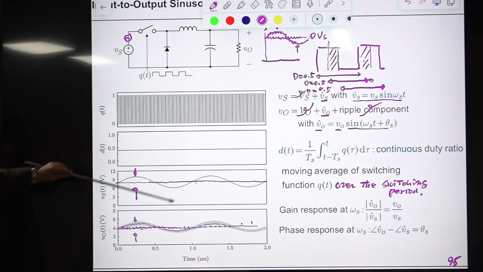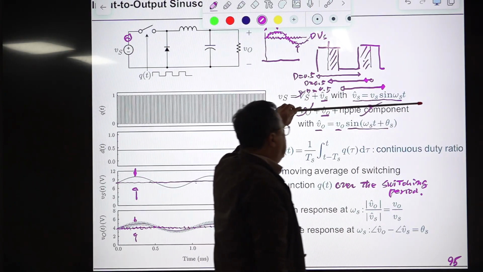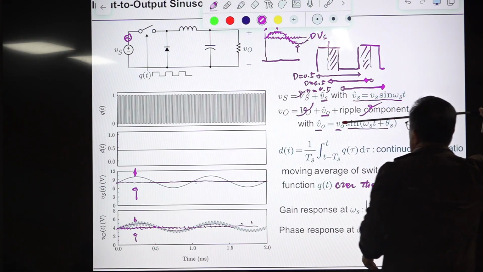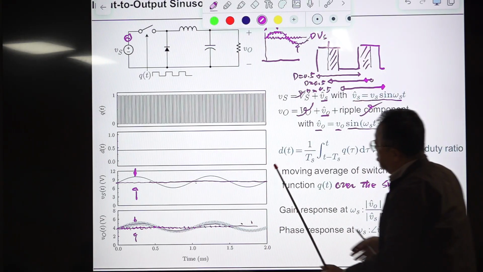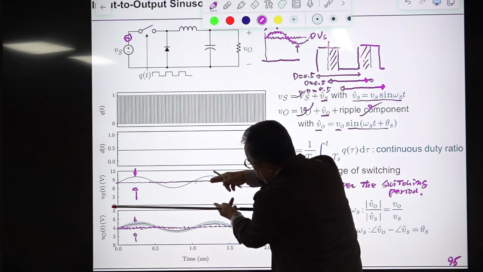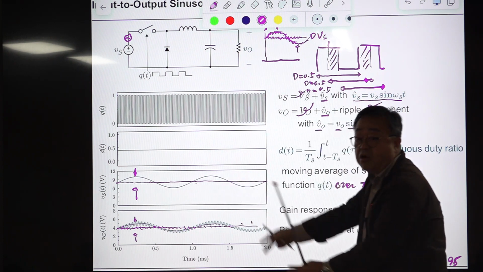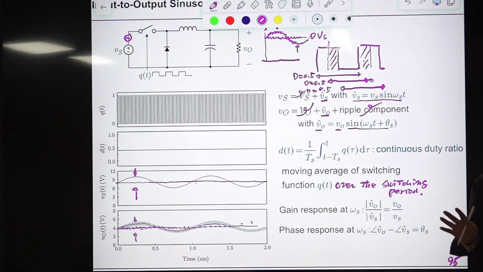This is the sinusoidal variation of input voltage, and the magnitude of this sinusoidal variation is very small compared to this DC value. That is the fundamental assumption, and this is called the small signal assumption. Something is much smaller than the other one, and the something is the AC component, the other one is the DC component.